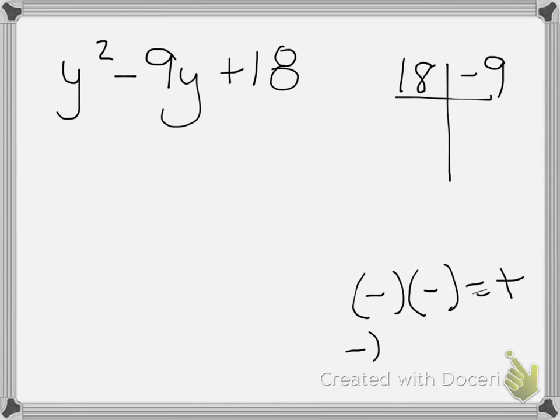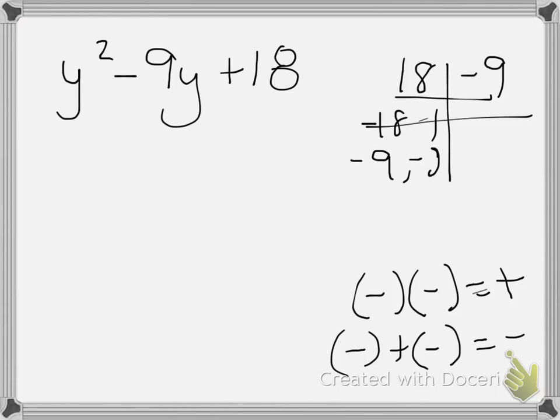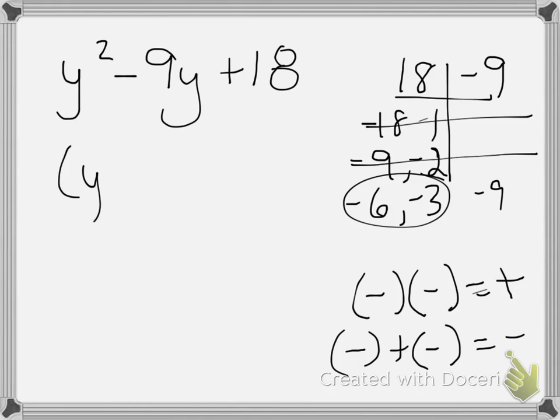And if you add negatives, they just equal bigger negatives. So you know it has to be two negatives. So negative 18 and negative 1, nope. Negative 9 and negative 2, nope. Negative 6 and negative 3, 6, 7, 8, 9, yep, that works. So y minus 6, y minus 3.